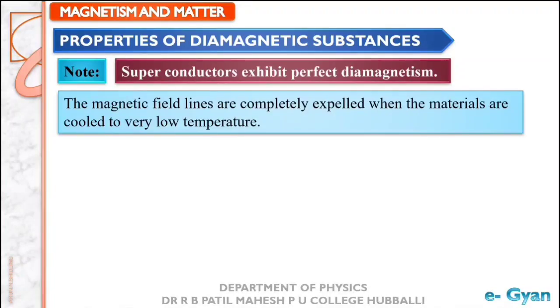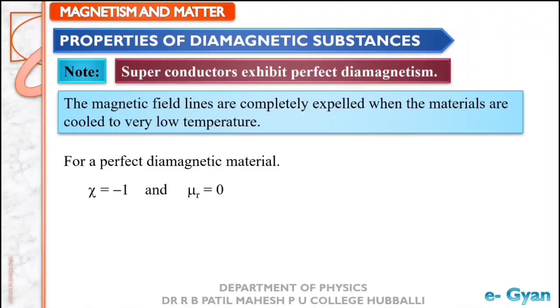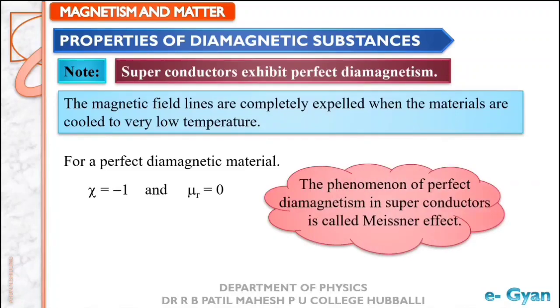Thus, they exhibit perfect diamagnetism. What do we mean by perfect diamagnetism? Perfect diamagnetism means chi should be equal to -1 and mu r should be equal to 0. The phenomenon of perfect diamagnetism in superconductors is called the Meissner effect.